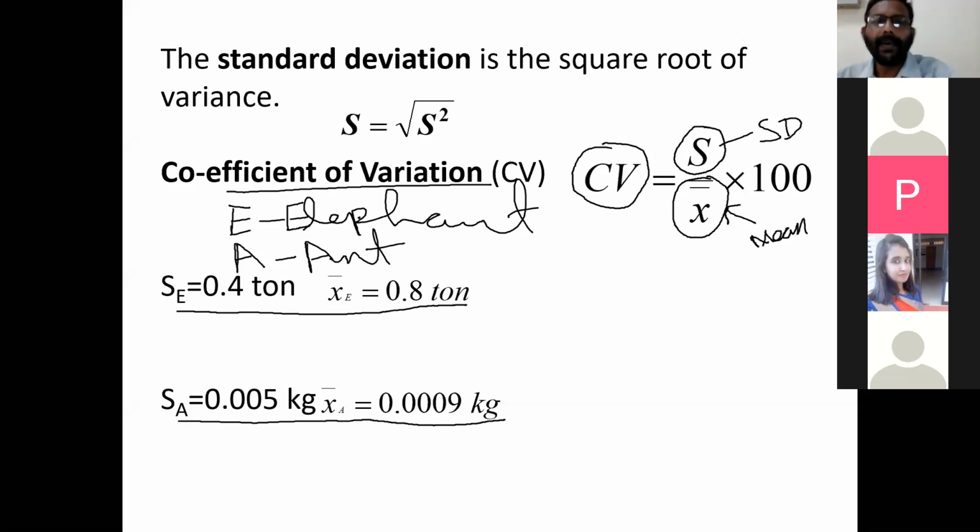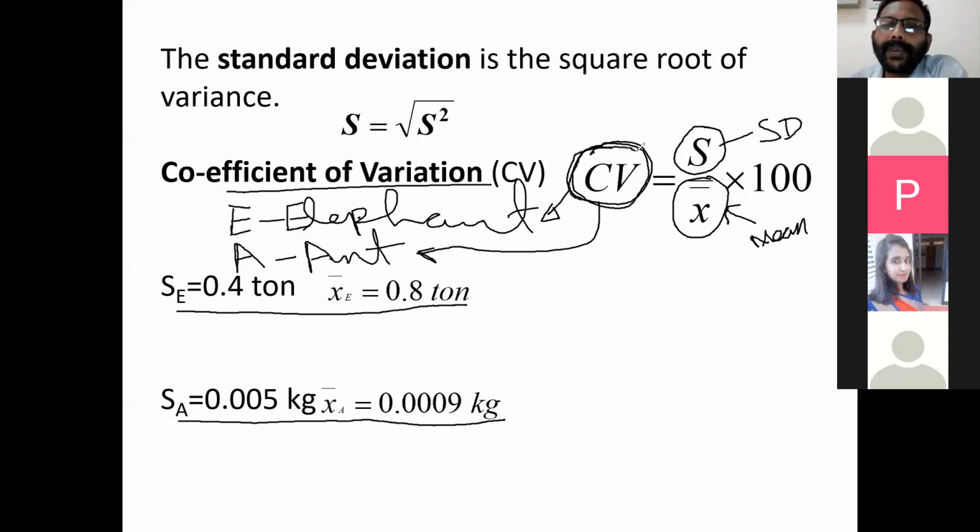Now, can you tell me where do you get the coefficient of variation in general? Whether it is in the elephant by looking at their features, or whether the coefficient of variation is in the ant. Guess.